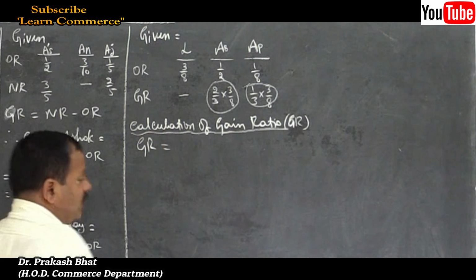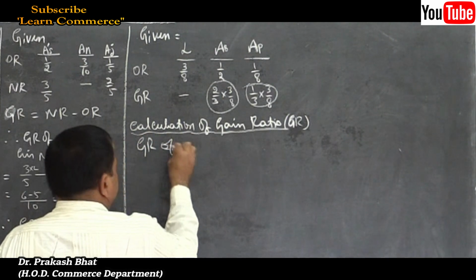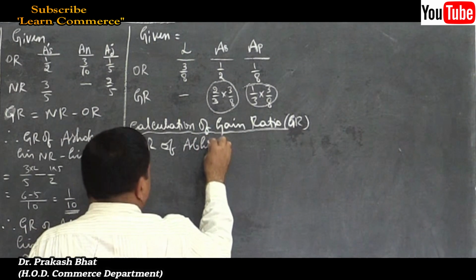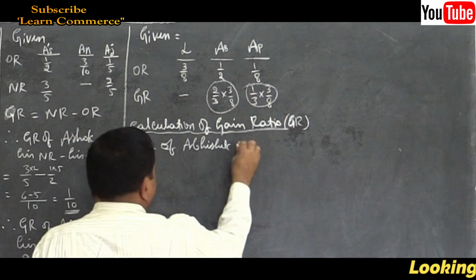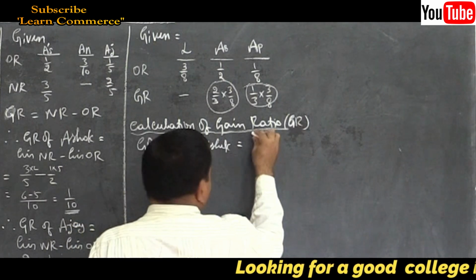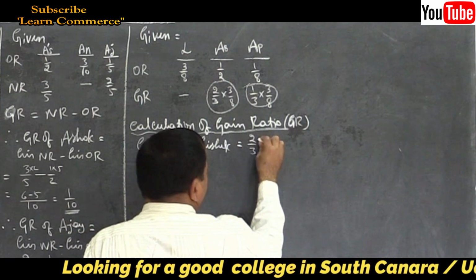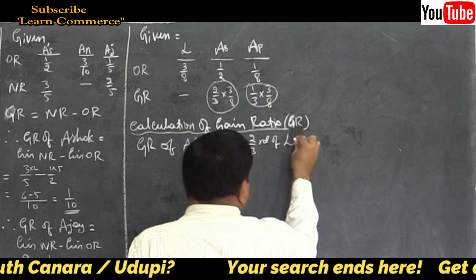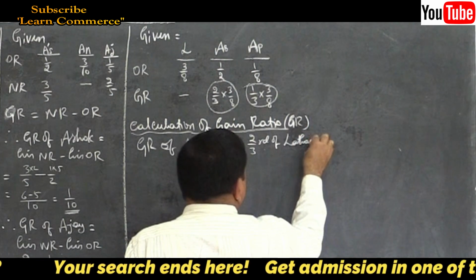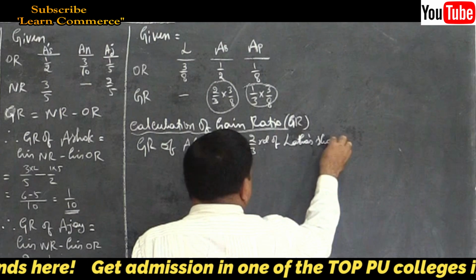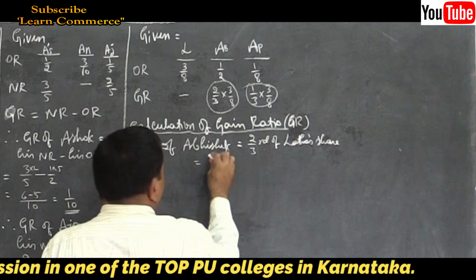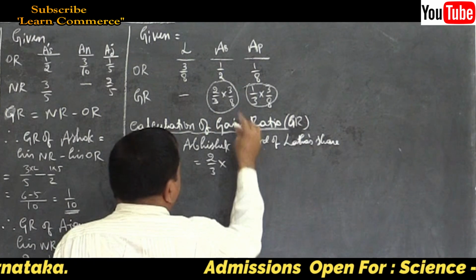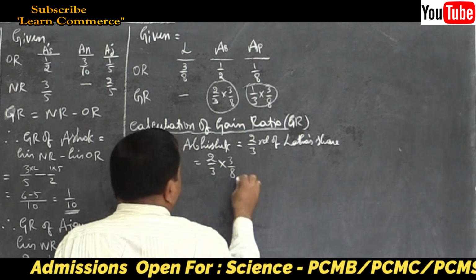You just write the gain ratio of Abhishek is equal to 2/3 of Lata's share. Lata's share is equal to 2/3 of Lata's share, that is 3 by 8.